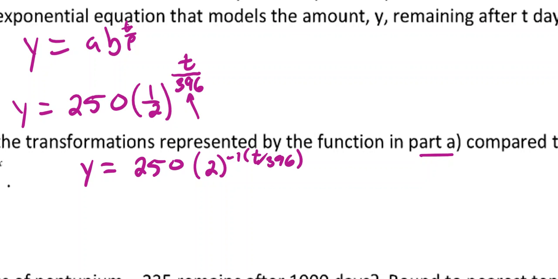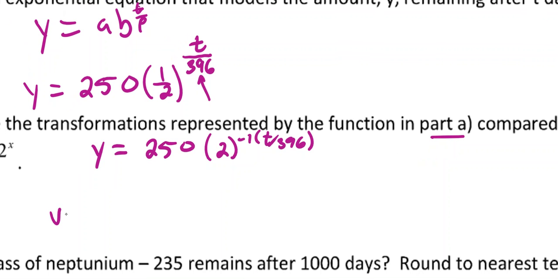And now it's a little bit more clear what's going on here, right? So we have a vertical stretch of what? 250, right? That's like our a value, so vertical stretch of 250. We've got a horizontal reflection in the y-axis, right?